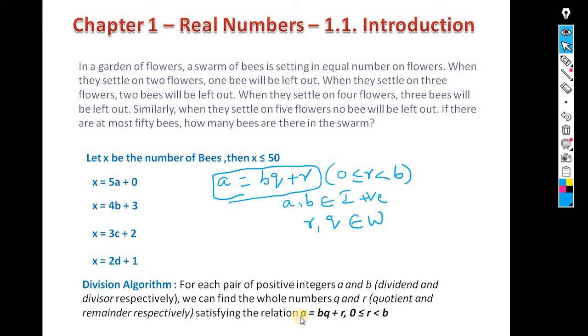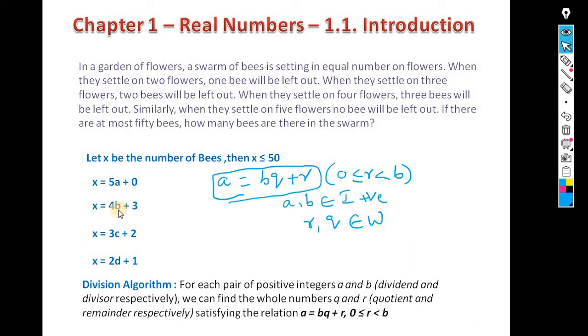The relation satisfies A is equal to BQ plus R, where 0 less than or equal to R less than B. What does it mean? The remainder is always less than the divisor. So 0 is always less than the divisor, that is 5.